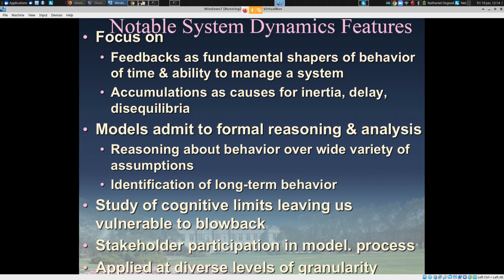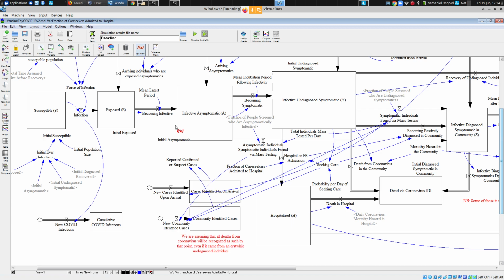And we emphasize it because they have a first-order impact on the stability of the system, its behavior. And accumulations are causes for inertia, delay, disequilibria.